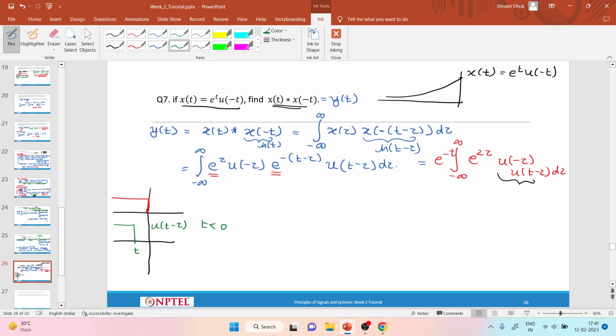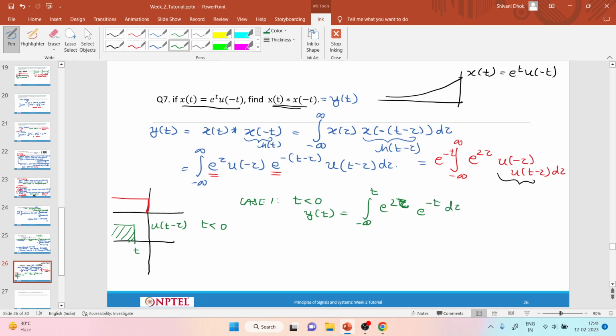Now in this case, this region is the region of overlap, and that's why this integral for case 1, that is when my t is less than 0, will be equal to the integral from minus infinity to t of e power 2 tau into e power minus t d tau.